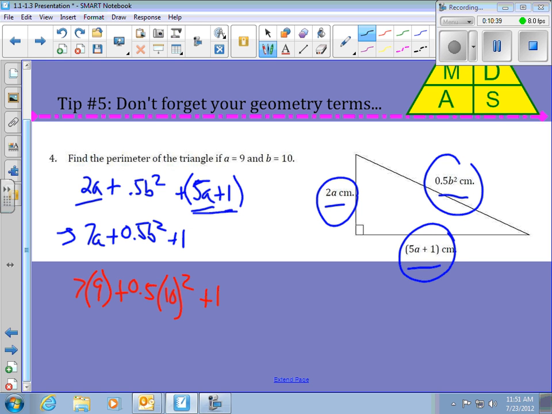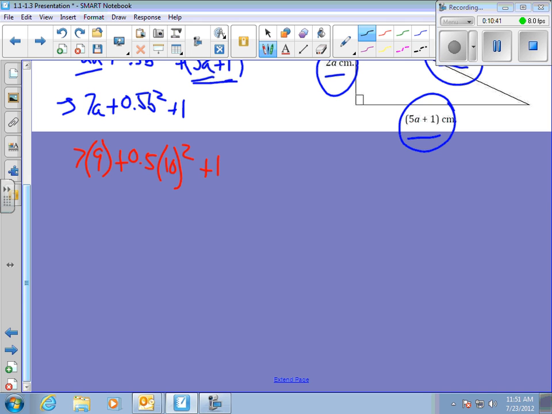We're going to do exponents first. 10 squared is 100. So 7 times 9 plus 0.5 times 10 squared is 100, plus 1. Parentheses are usually first, but there's just one number in parentheses here, so you can't really do anything with parentheses anyway.